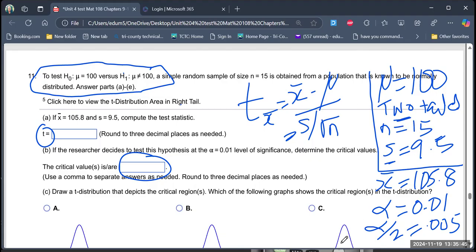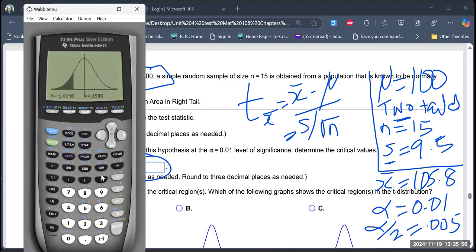So let's go ahead and do this. Inverse t, 14 degrees of freedom. Area to the left is 0.005. So let's do this. Second distribution, inverse t is number 4. Area to the left is 0.005 because it's a two-tailed test.